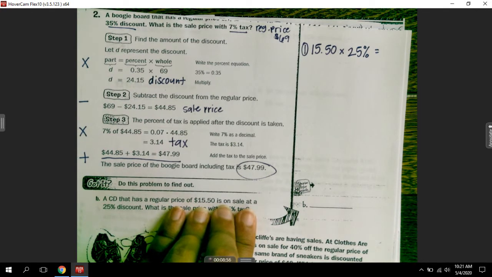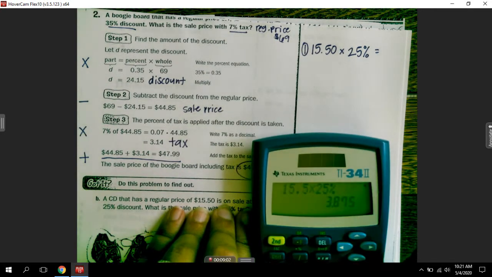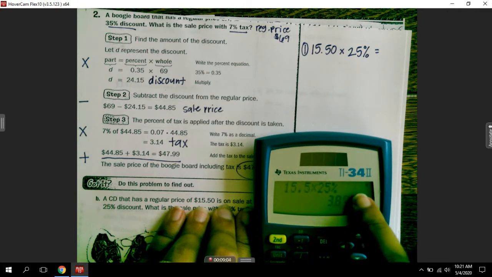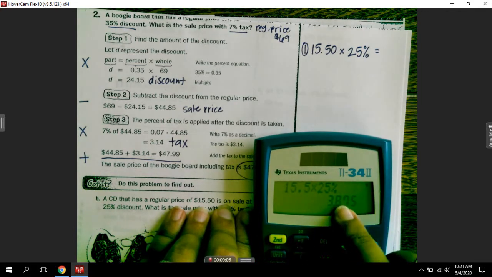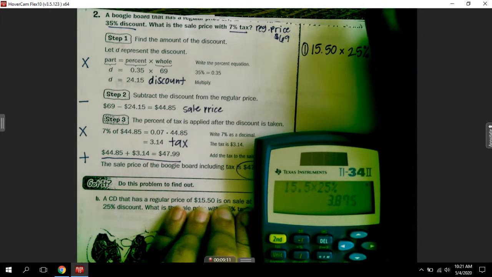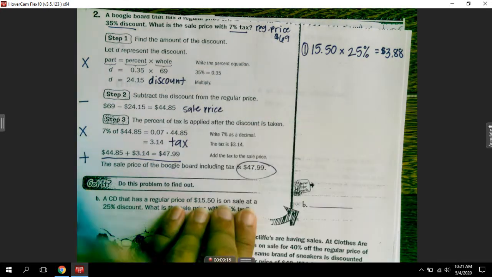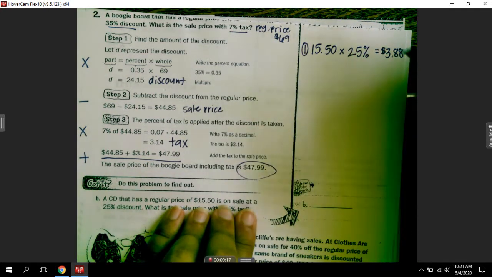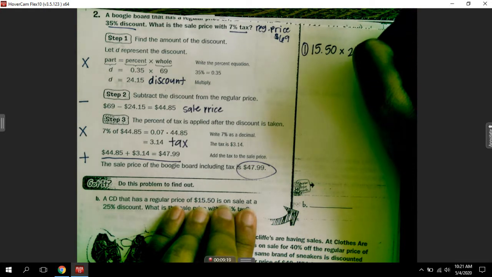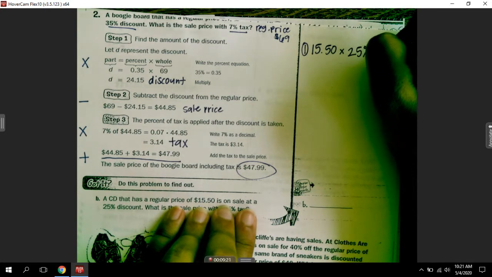My calculator says 3.875. Remember, because it's a 5, this is going to round up, so 3.88. This 3.88 is the discount. This is how much I'm saving.